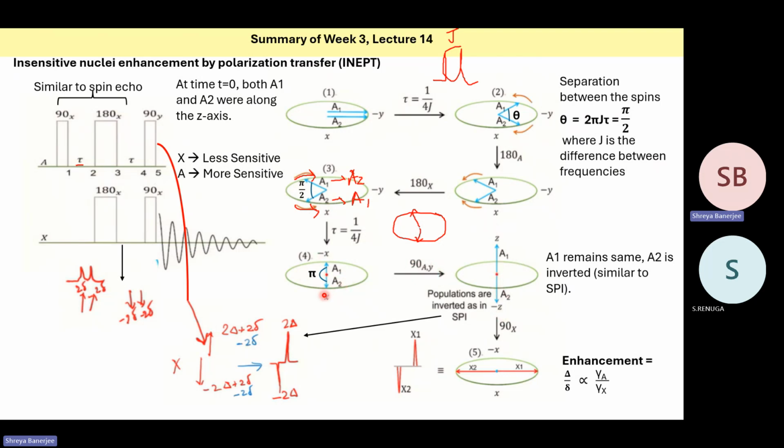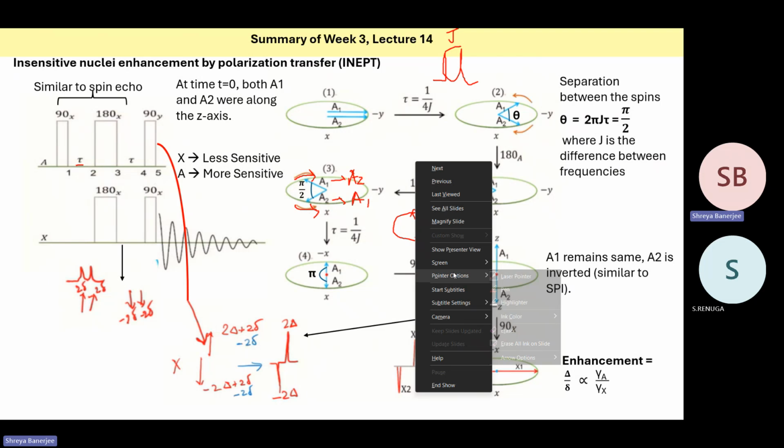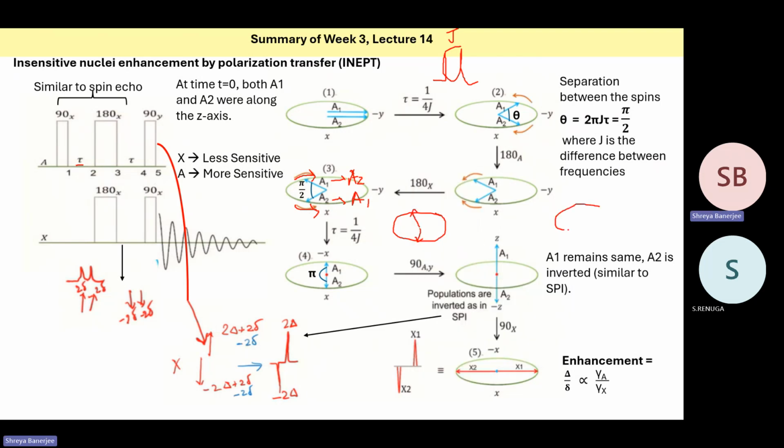But because they were in opposite directions with an angle of pi between them, the angle of pi will be retained. So what happens here is that initially you had a situation where A1 and A2 were both positive. Now A1 remains positive, but A2 is getting inverted.